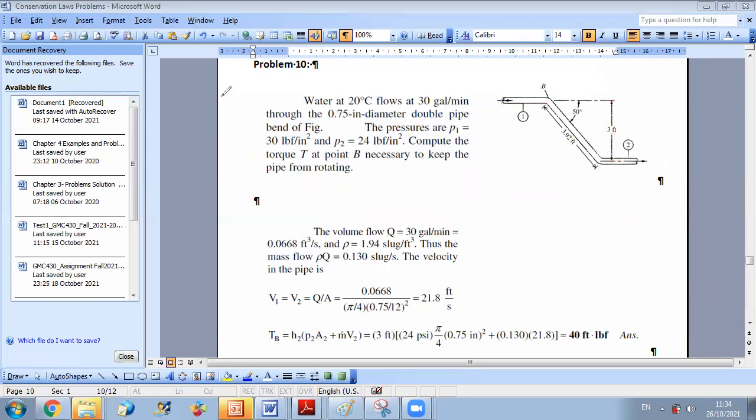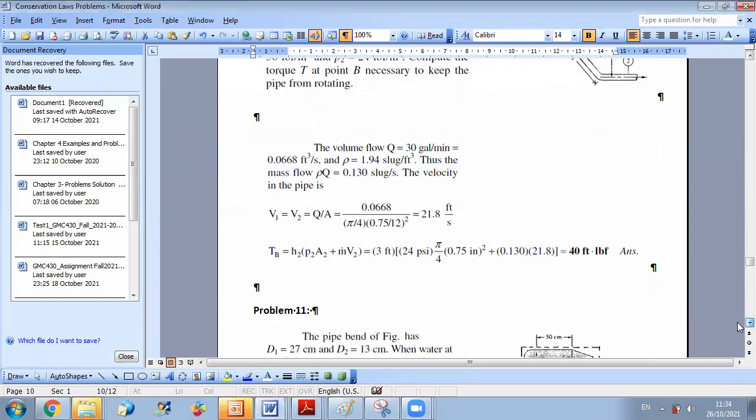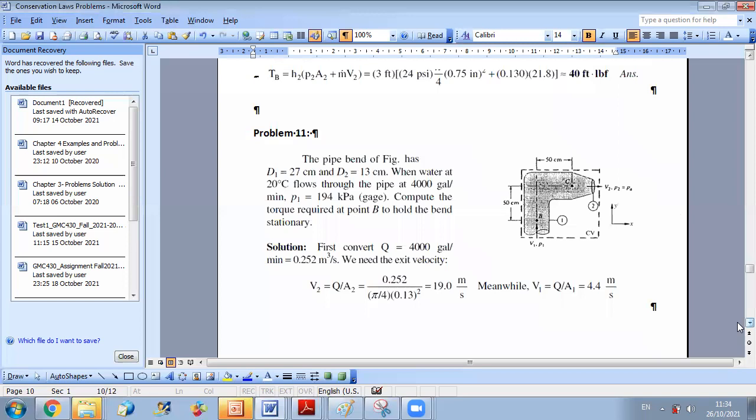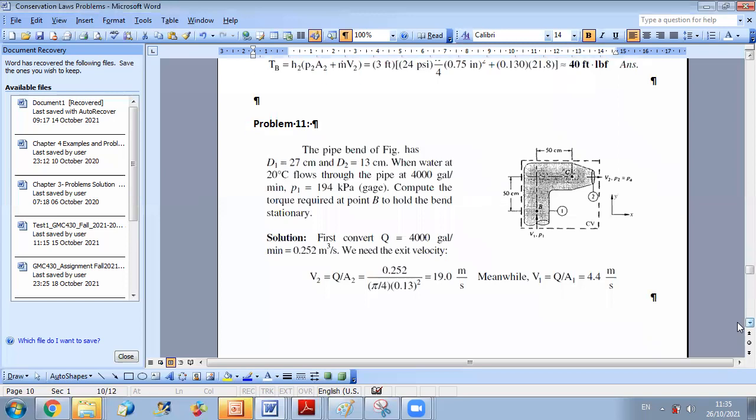Okay, let us consider another problem on angular momentum. The following pipe bend of the figure has a diameter D1 equal to 27 centimeters, D2 equal to 13 centimeters. When water at 20 degrees flows through the pipe at 4,000 gallons per minute, P1 is equal to 194 kilopascal gauge.